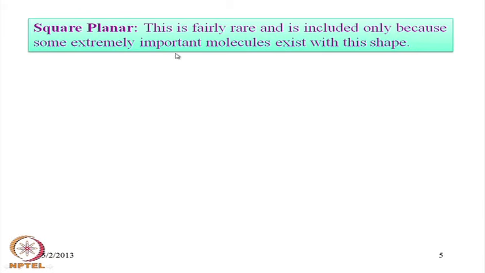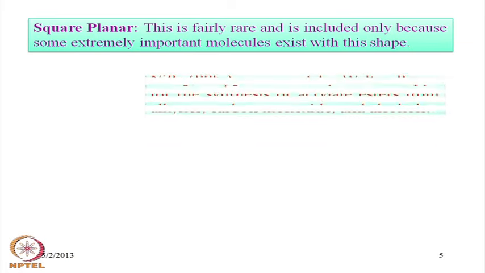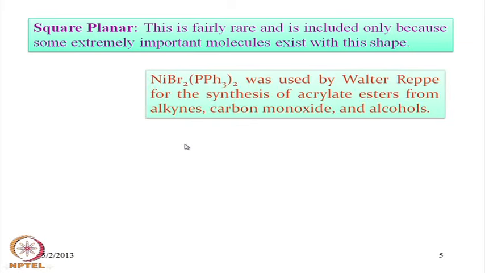That means, whenever we have cyanide as the ligand, we have Ni(CN)4 2 minus, with 4 cyanide groups attaching to the nickel center, and that gives a square planar geometry. Similarly, we can have NiCl2 phosphine, which is used by Walter Reppe for the synthesis of acrylate esters from alkyne, carbon monoxide and alcohol.